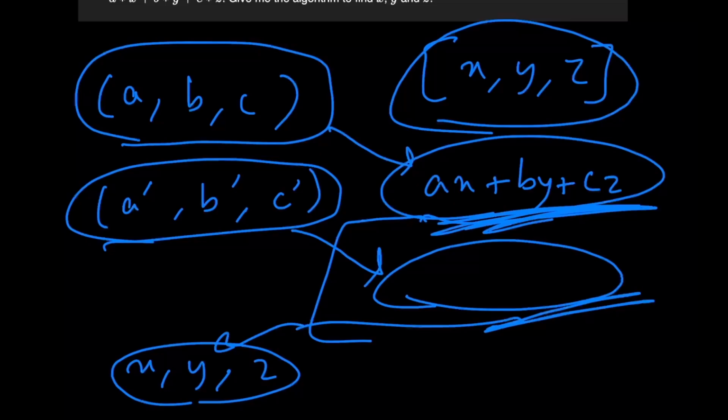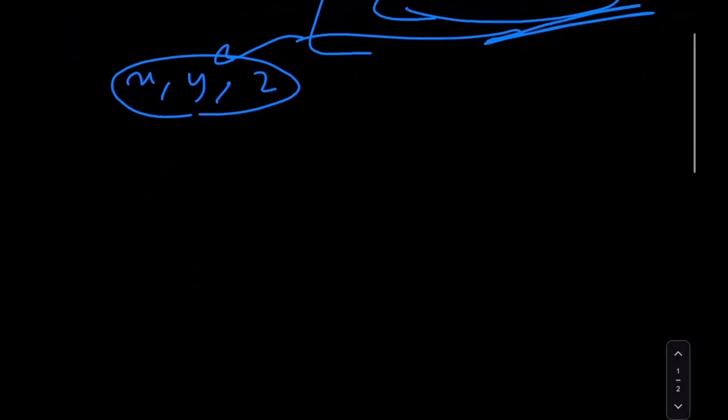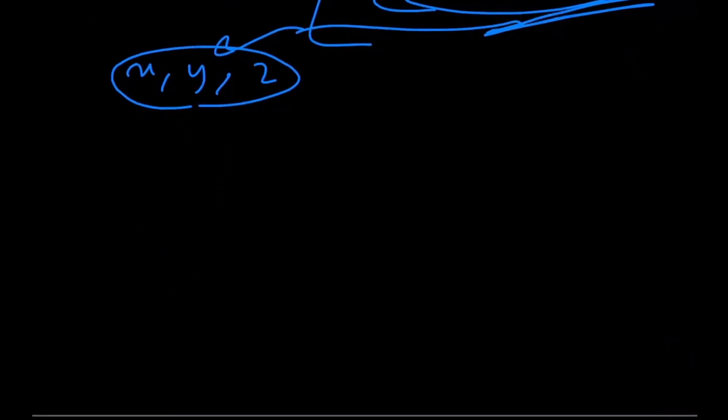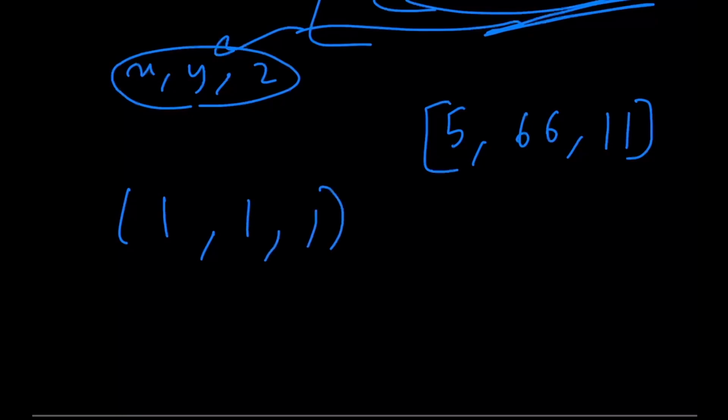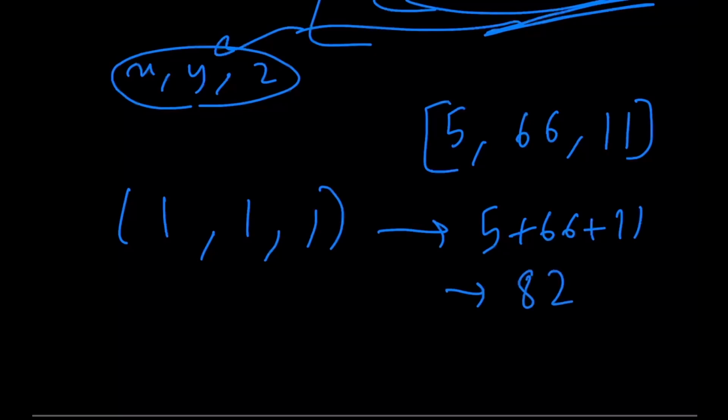So we'll go over an example just to clarify everything. Imagine the person in front of us picks numbers 5, 66, and 11 as x, y, and z, right? And we randomly choose a comma b comma c to be 1 comma 1 comma 1. So what the person is going to tell us is 5 plus 66 plus 11, which is 82.